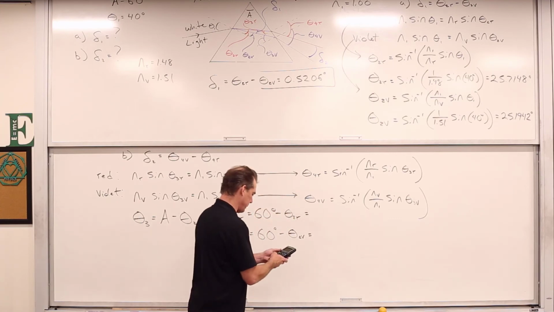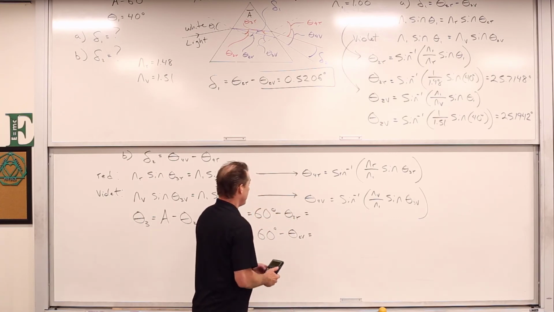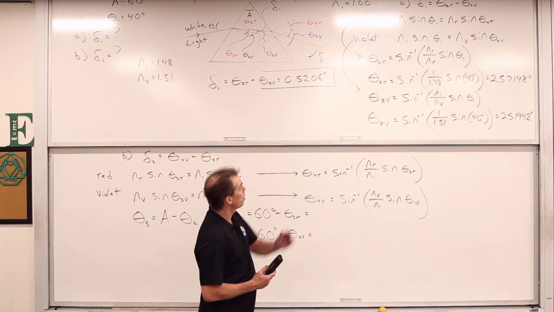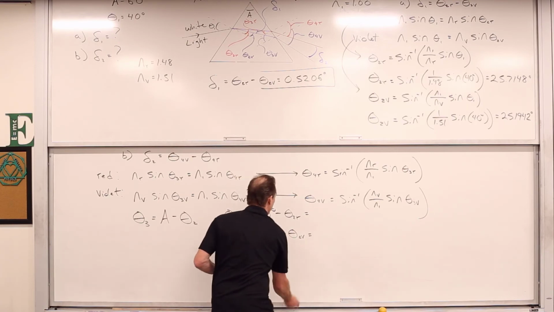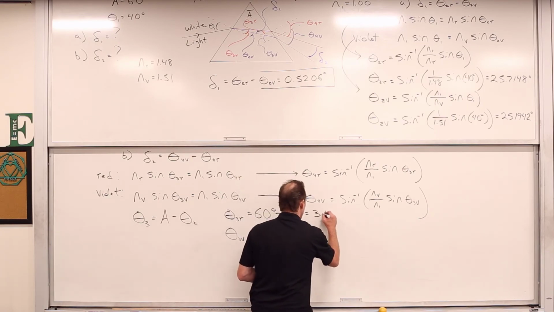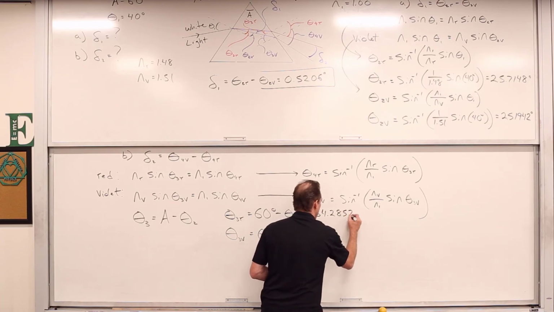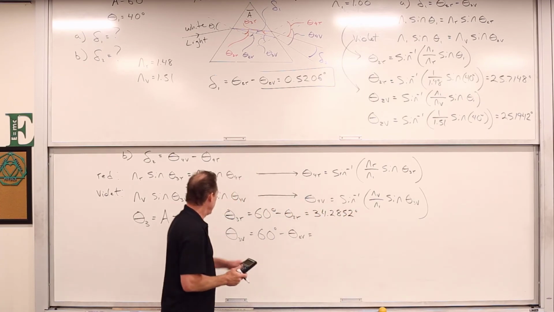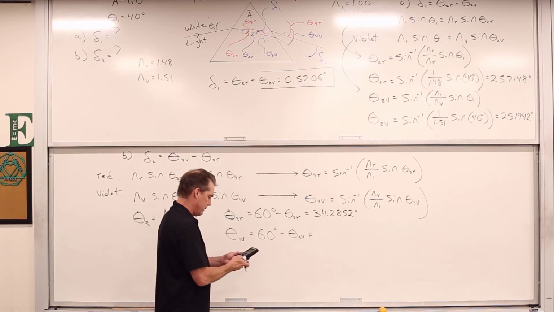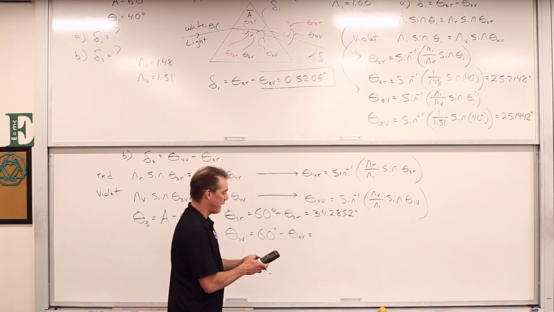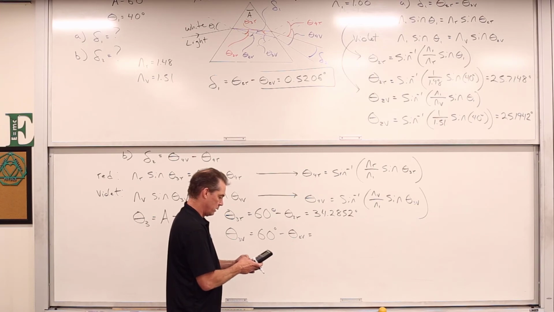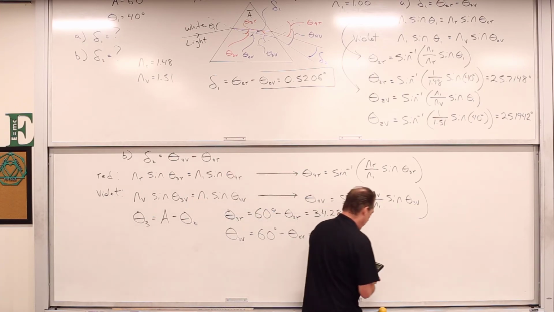That's 60 minus theta 2 red, 25.7148, which is 34.2852. And theta 3 violet, 60 minus theta 2 violet, which was 25.1942, is 34.8058.